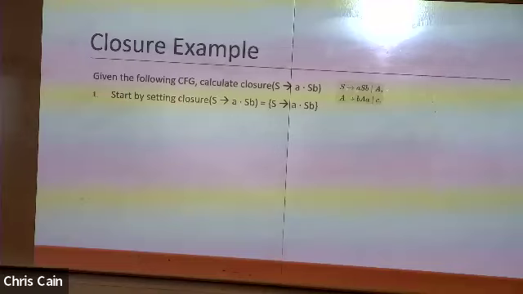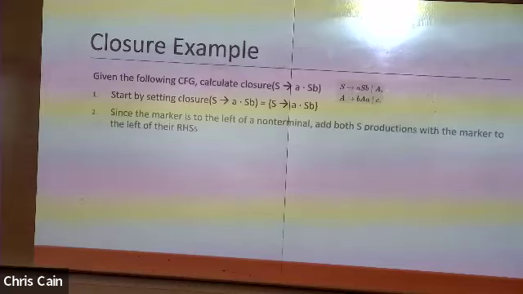S is directly to the right of that. So we now need to add S arrow dot the right-hand side for every production that S can produce. So S arrow dot A capital SB and S arrow dot A. So now we have 3 elements in the set. For each of these elements, are there any new elements that we need to add to the set? Or are we done?